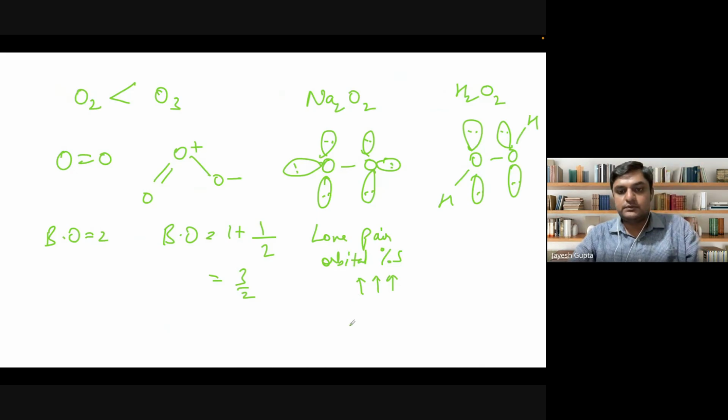So the O single bond O orbital, here the percentage S character will decrease.